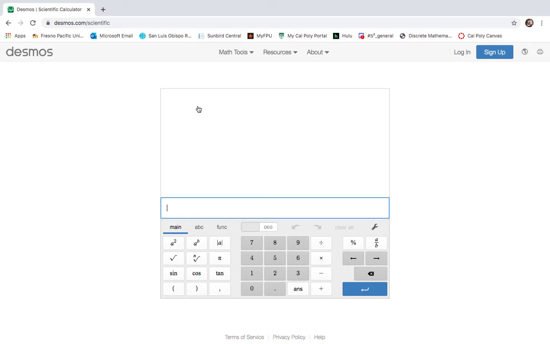So I have 3, and I click this to the 5th, and that's 243. And then I'm going to do negative 2/3, but make sure that your negative is in the parentheses because it's negative 2/3.